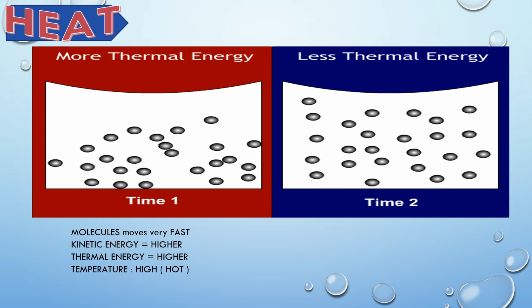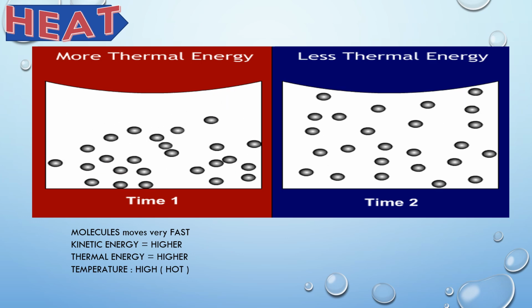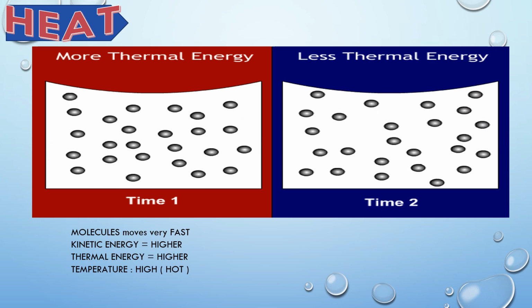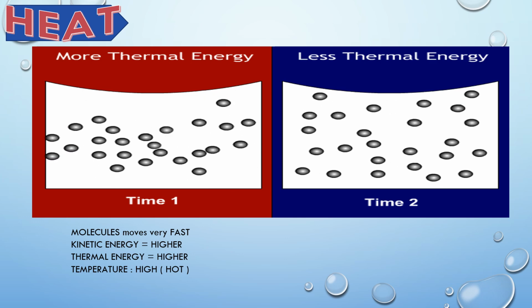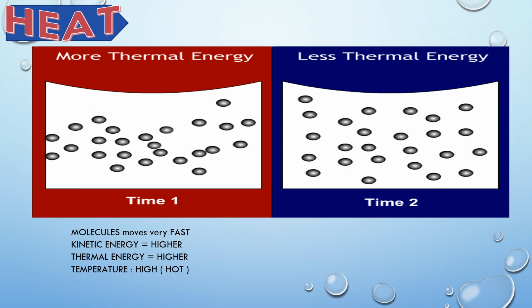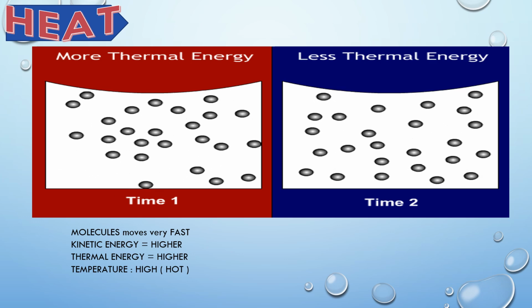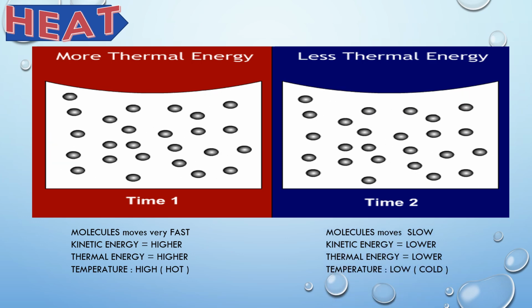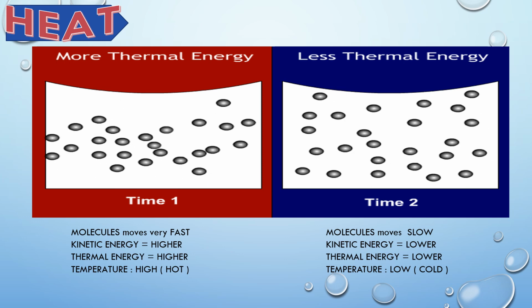So when we say kinetic energy, it is the energy in motion, paggalaw. Mabilis na paggalaw ng isang bagay, we can refer to that as kinetic energy. So if the kinetic energy is higher, therefore, the thermal energy is also higher. The temperature of the substance is high or it is hot. Opposite, in our less thermal energy, it means the molecules move slow.